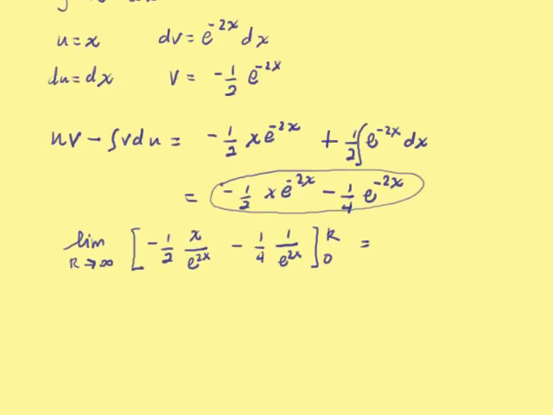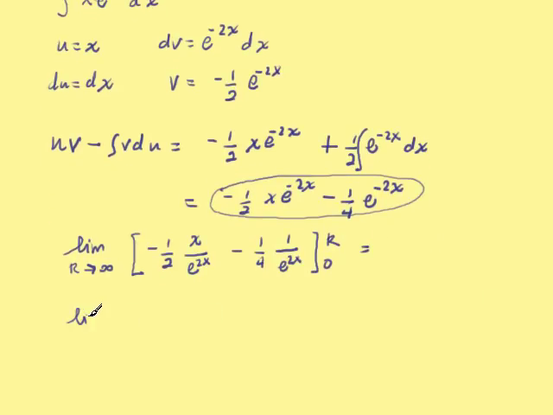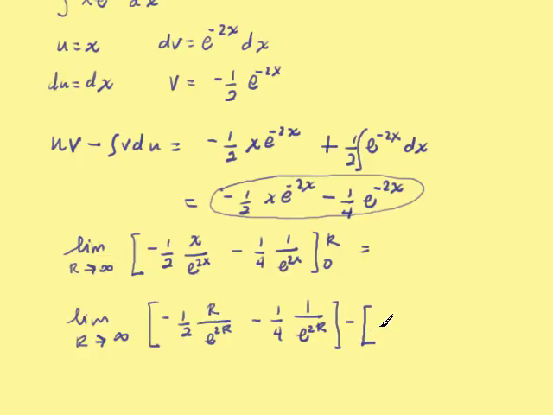Let's substitute in our limits. Here we have r over e to the 2r, 1 over e to the 2r. Now substitute in 0, and here we have 0, and here we have minus 1/4.